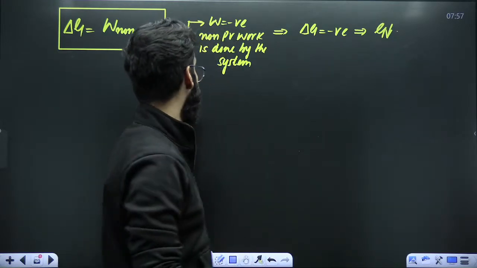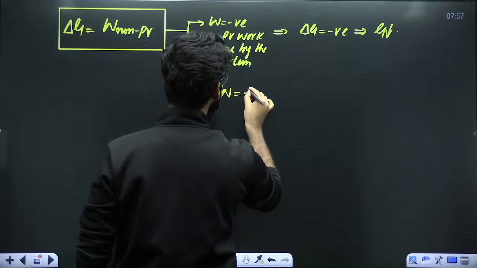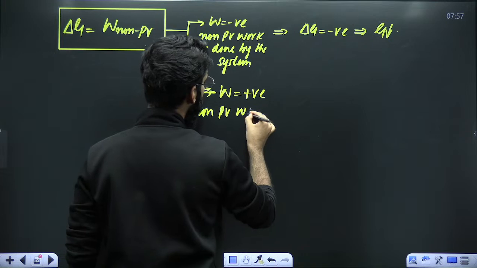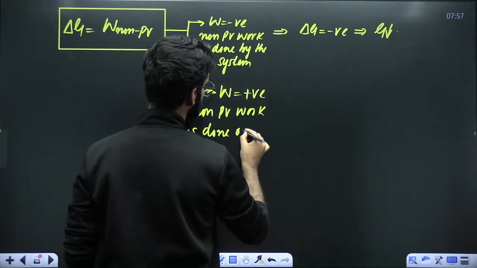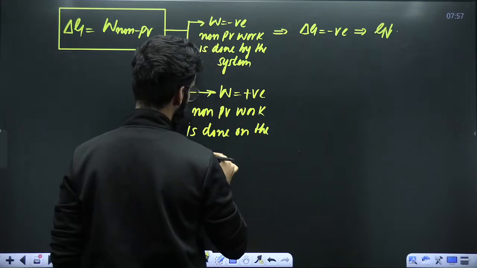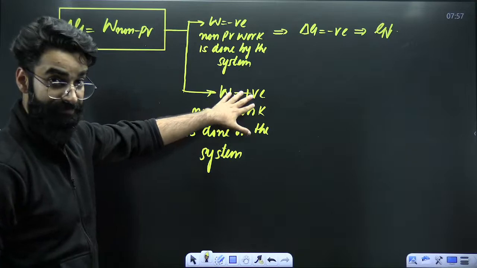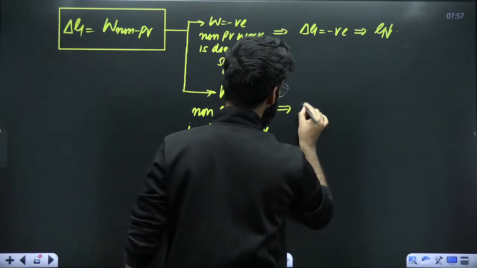I hope this is clear. Similarly, one more statement. If W non-PV is positive, what does that mean? That means non-PV work is done on the system. If W non-PV is positive, that means delta G is positive.